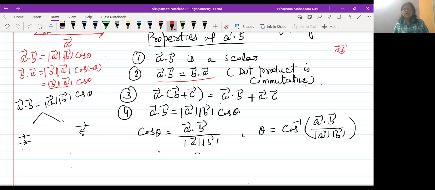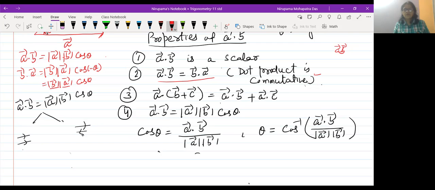So the dot product is commutative. Also, if you take three vectors, A dot (B plus C) is A dot B plus A dot C. It means the dot product is distributive over vector addition.